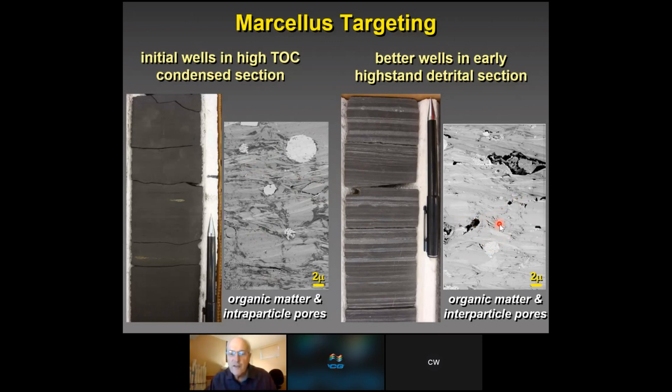So it preserved the interparticle porosity between these grains, between the silt grains, even between the clay flocks. So now we've got better porosity, better storage capability. In addition to that, these grains formed a strong, brittle framework. So two things happened by just moving up 20 or 30 feet. Better reservoir properties, better mechanical properties.